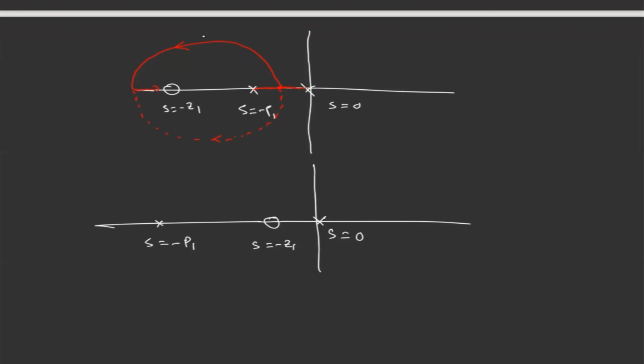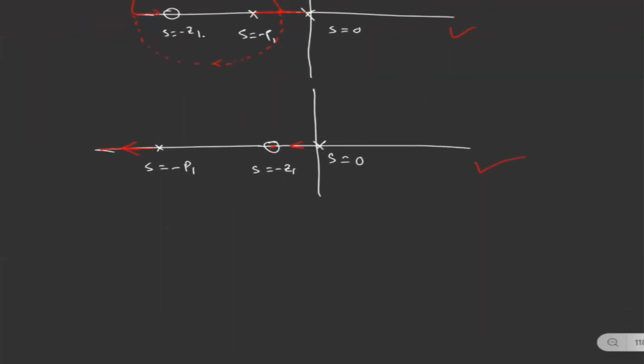In this case, the locus from this pole will end here, and the locus from the other pole will go like this. So in both cases, the locus actually stays always on the left hand side. It is not going to the right half plane.